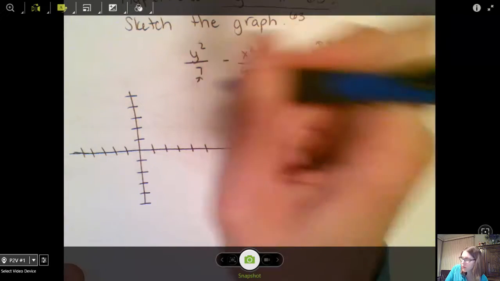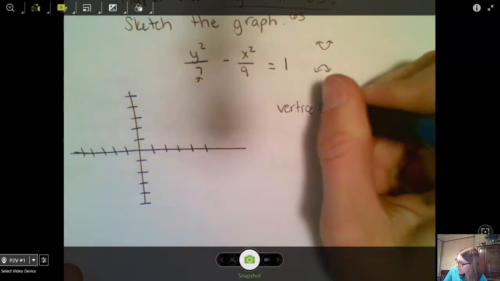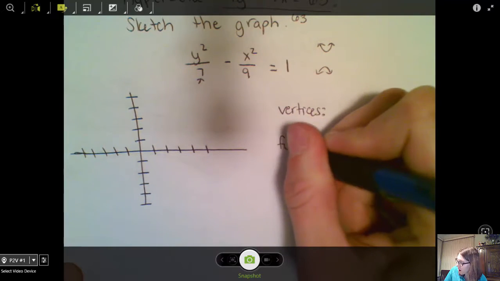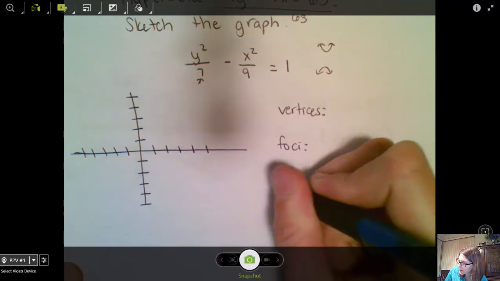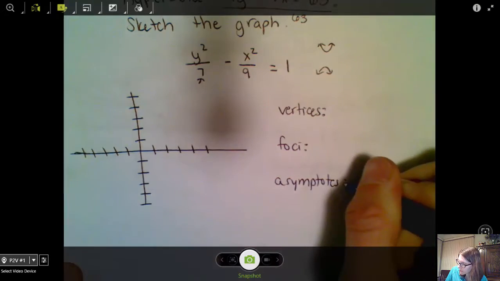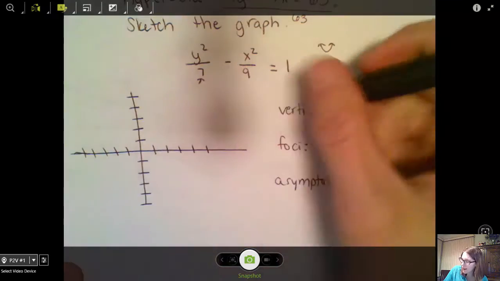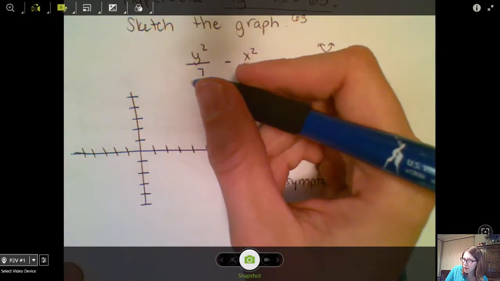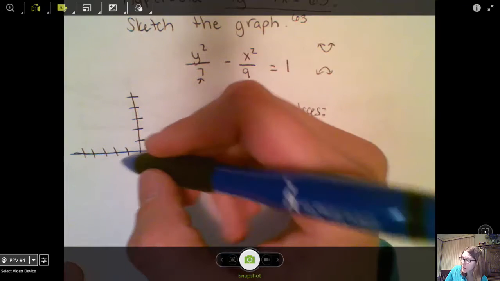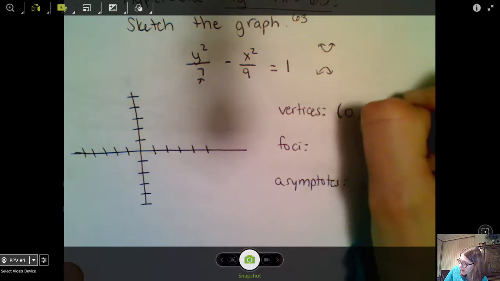And this first number tells me where my vertices are. So again, we need our vertices, our foci, and our asymptotes. Vertices are going to be at the square root of 7 and negative square root of 7. It's vertical, so those points are 0 plus or minus square root of 7.